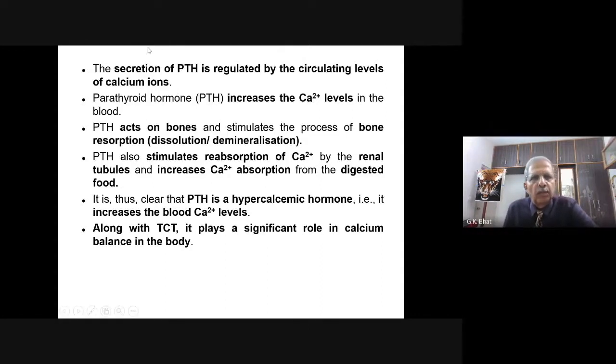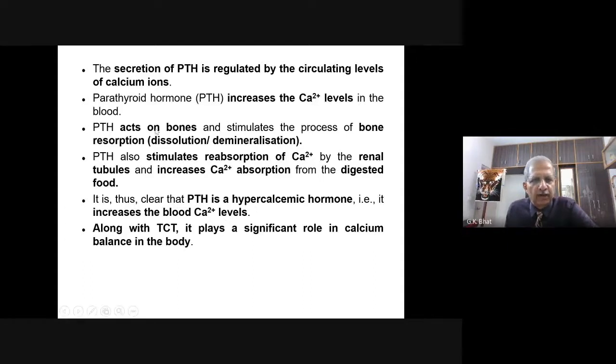So, secretion of PTH is regulated by the circulating levels of calcium ions. Parathyroid hormone increases the calcium levels in the blood. If calcitonin or thyrocalcitonin brings down the calcium level in the blood, parathyroid hormone increases the calcium level in the blood.